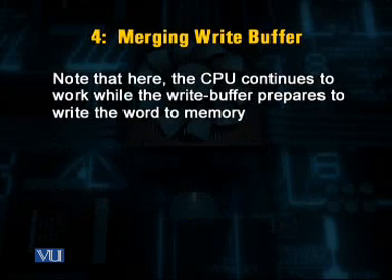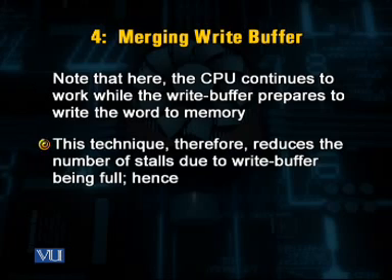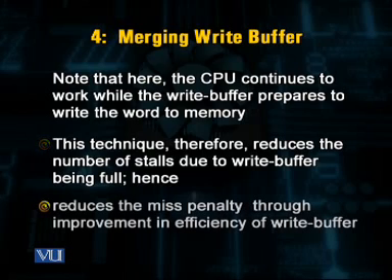Note that here the CPU continues to work while the write buffer prepares to write the word to the memory. This technique, therefore, reduces the number of stalls due to the write buffer being full. Hence, it reduces the miss penalty through improvement in efficiency of the write buffer.